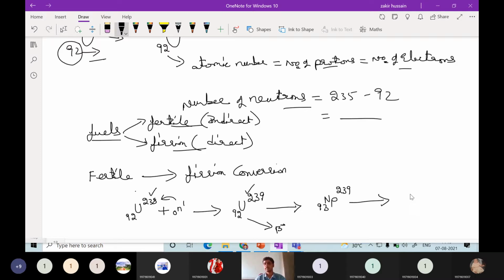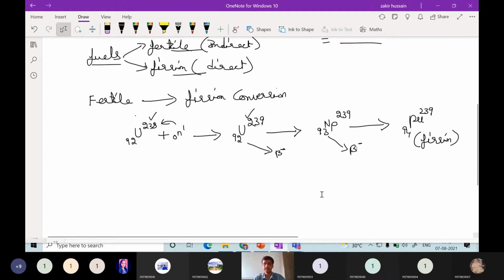Then next, it comes to plutonium, Pu 94, and we are not adding any neutron here, so this is 239. This is also a fission fuel. Here also, the next transformation releases an electron, denoted by beta to the power of minus.